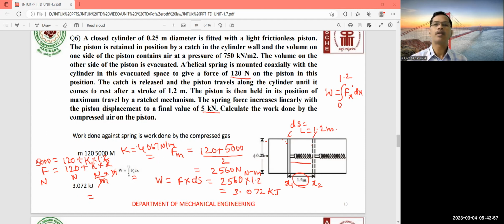When you solve this, you will get the work done as 3.072 kilojoule. So this is the answer.